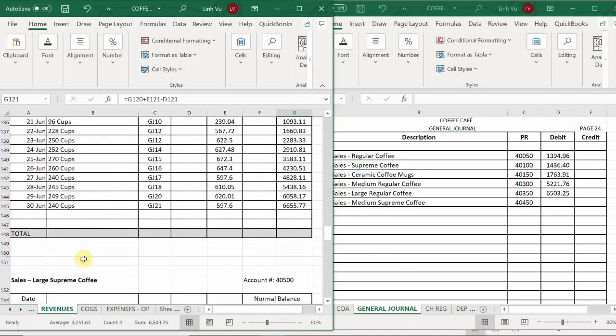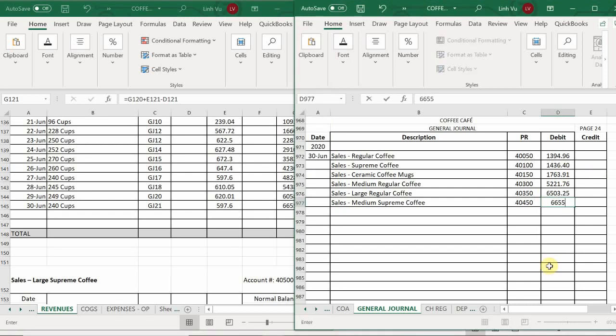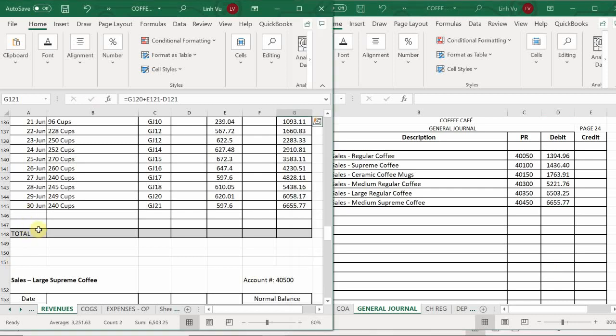How much do I need to debit this account for? Is it 77? Yes, 665577. Yes. Okay. And that should zero out your account.